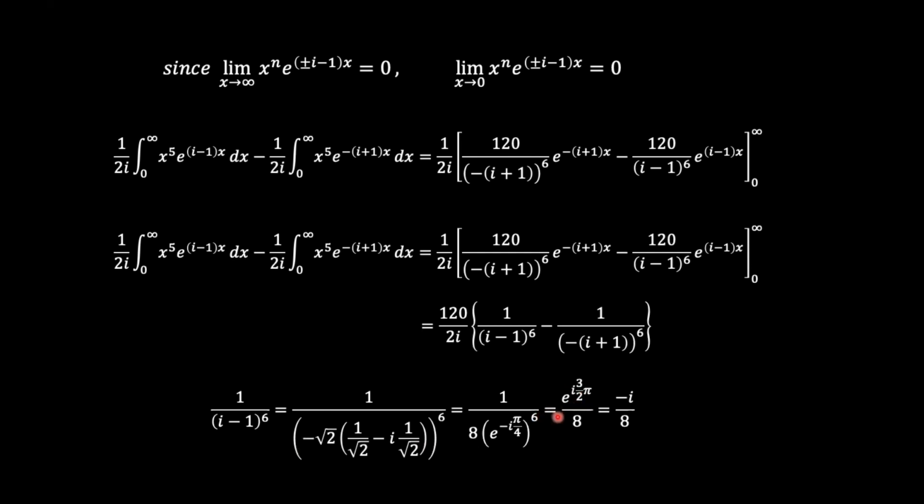And then when we multiply by 6, pi over 4 times 6 is 3 over 2 pi. And so cosine of 3 over 2 pi is 0, and sine of 3 over 2 pi is negative 1 times this i, we have negative i over 8.